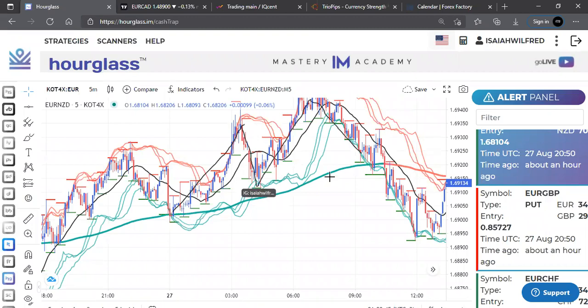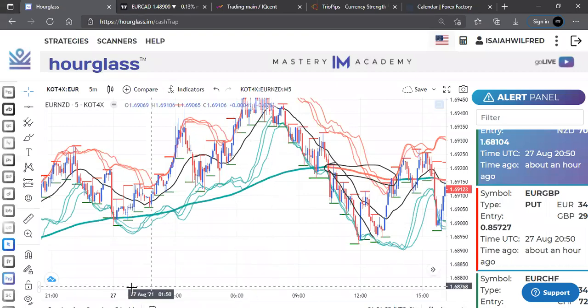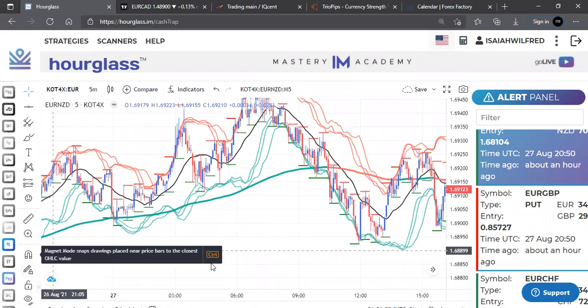But now look at this. The very moment the market broke through and stayed under the EMA, what happened? The EMA became red for a while.